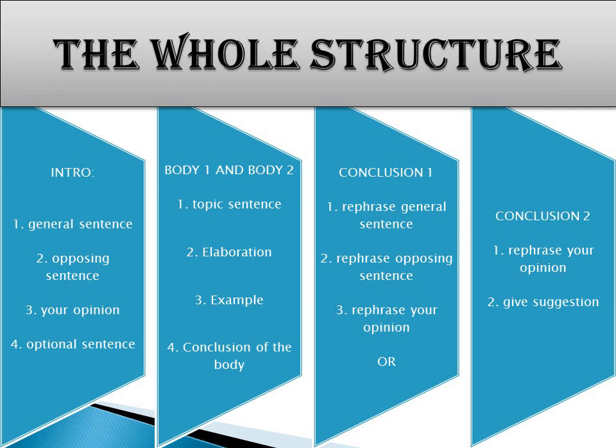Now, there's the fourth sentence, which is optional. You don't have to do it, but in case you want, because some teachers recommend it, some don't, you can definitely go ahead and say this essay will discuss the positives and negatives.